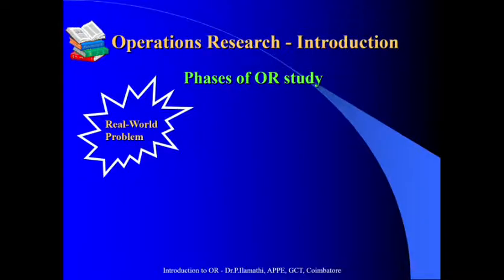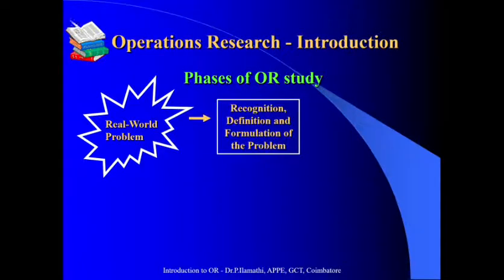After finding out the problem in the first phase, in the second phase, we have to formulate the problem. For that, first we have to recognize the problem, then define the problem, then only we can formulate the problem. This formulating the problem phase is a very important phase of an OR study. We all know that it is almost impossible to get the right answer from a wrong problem.